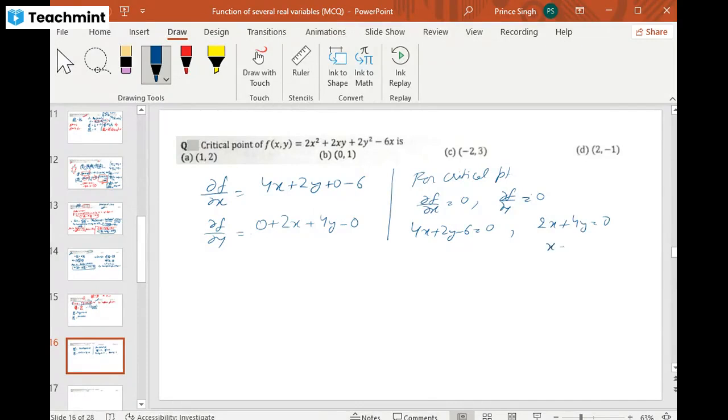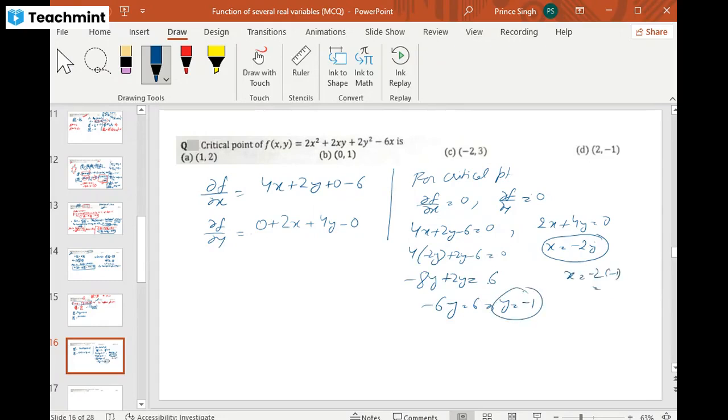So this gives us 4x + 2y - 6 = 0, and here 2x + 4y = 0. So 2x + 4y = 0 means x = -2y. If we replace it here, 4 times -2y plus 2y minus 6, so -8y + 2y = 6. So -6y = 6, and the value of y is -1. And if y = -1, then the value of x is 2.